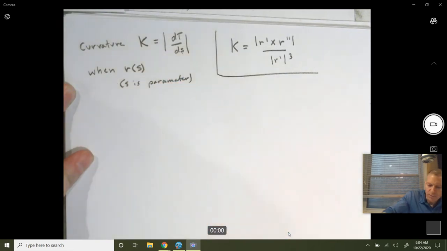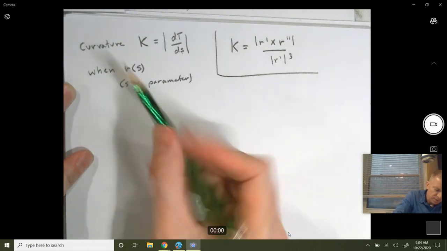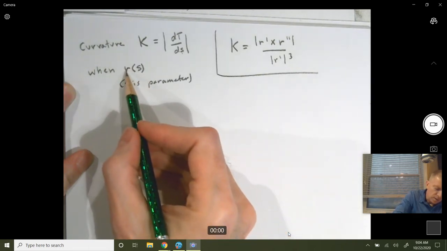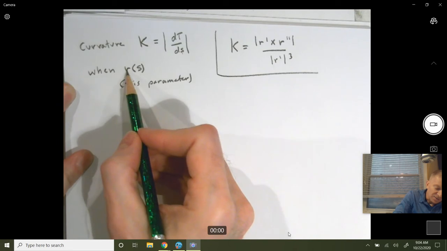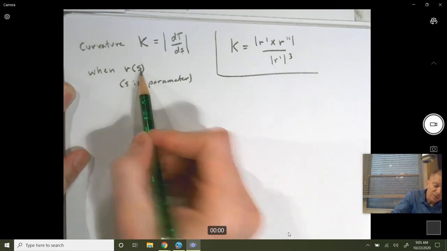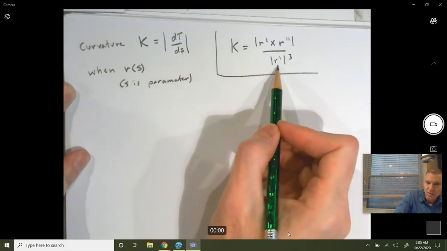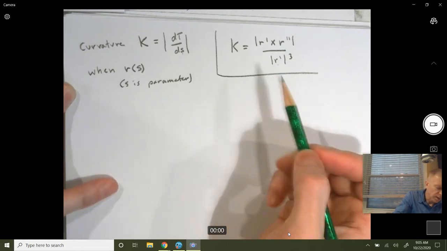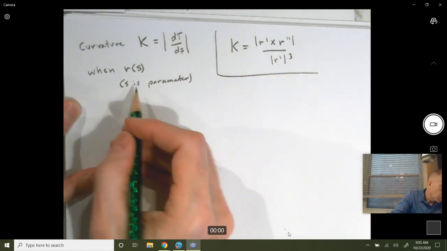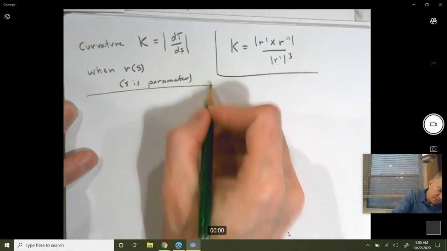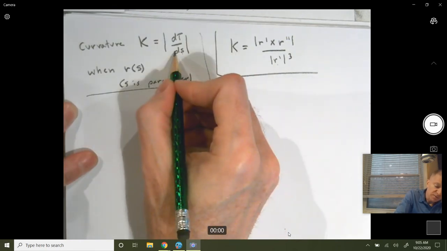Okay, and that's not often the case that S is the parameter. Your function defined as a function of the length of your curve. Usually it's defined as a function of t or some time or some other parameter. Okay, so that's fine. This is what we use to derive this formula.